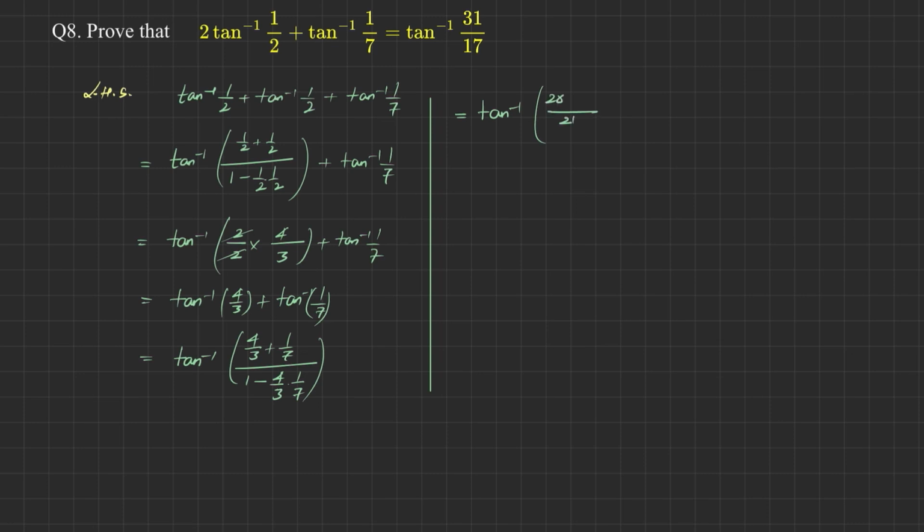So 7 fours are 28 plus 3 times 1 over 21 minus 4, so it will be tan inverse of 31 over 17, which is on the right hand side, hence proved.